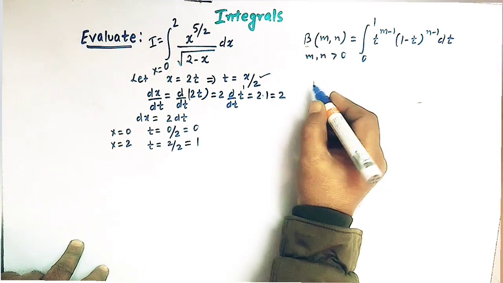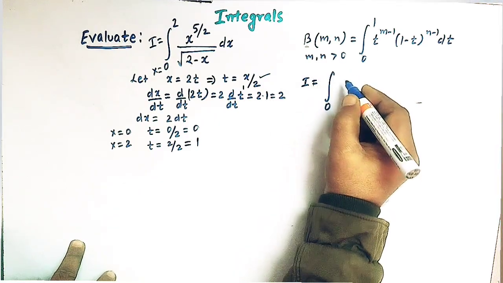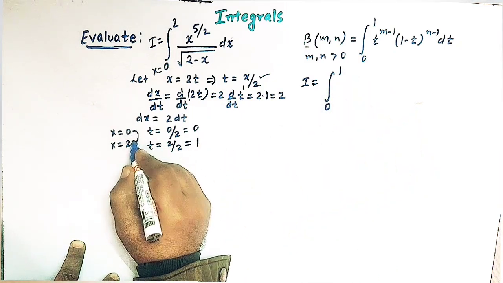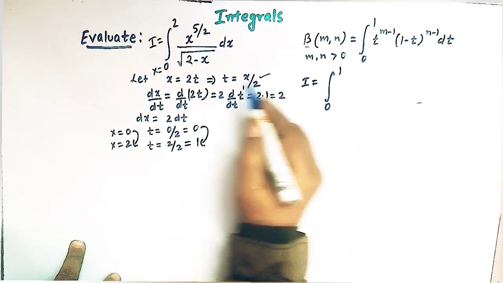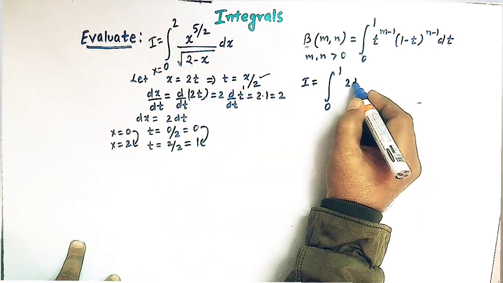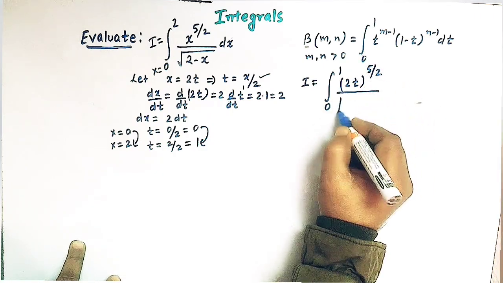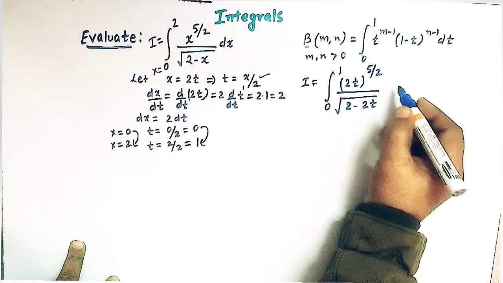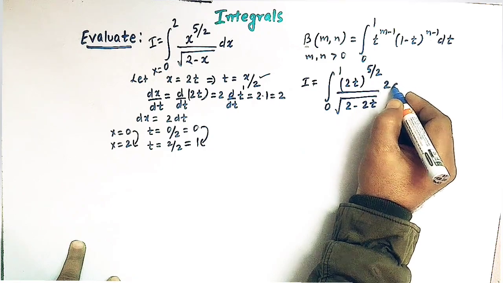So now let us write this integral in terms of t. So now we can write the integral I as 0 to 1, and here when x changes from 0 to 2, t goes from 0 to 1, and for x we can write 2t. So we have 2t raised to 5 over 2 divided by square root of 2 minus 2t, and here for dx we can write 2 dt.